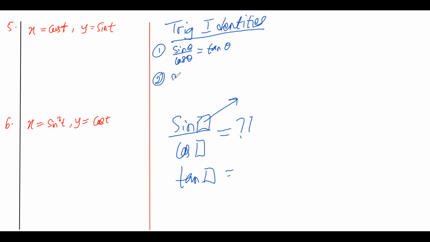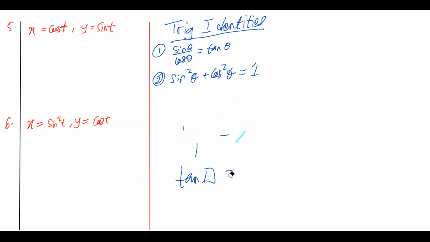So this is sine squared theta plus cos squared theta is equal to 1. That's the one you just verified on your calculator. From this sine squared plus cos squared, we can generate 2 other ones by dividing through.